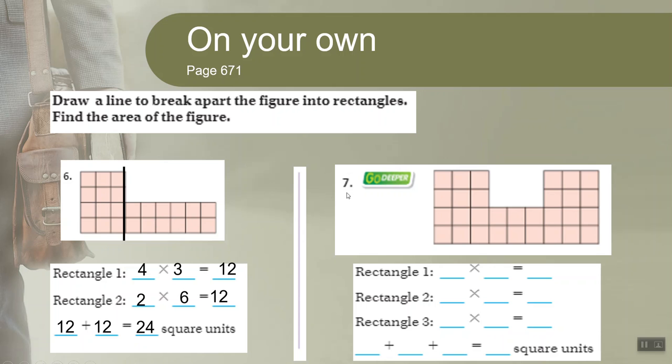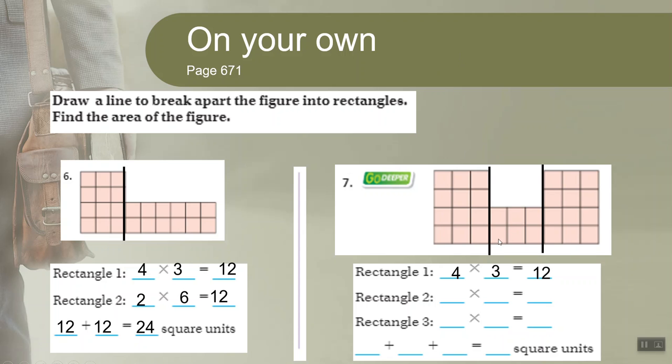And now look at figure number 7. Okay, to divide it into smaller rectangles, we need to divide it into 3 rectangles. The first one in this way, the second one in this way. So the first rectangle has a length of 4 and a width of 3. So 4 times 3 equals 12.